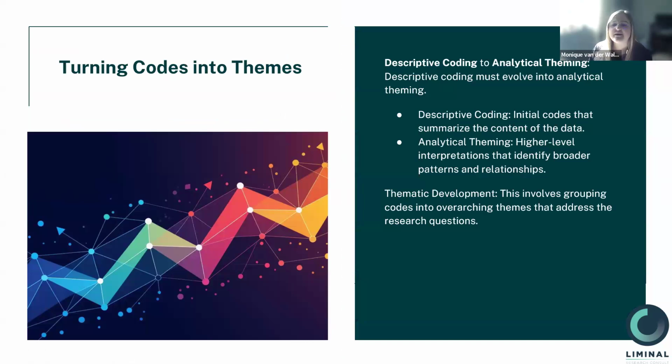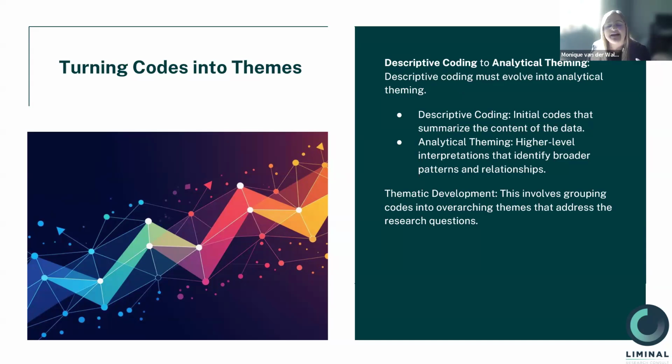We also need to ensure that when we engage with this coding process, we move from descriptive coding to more analytical theming. So descriptive coding must evolve into an analytical theme, which basically means in descriptive coding, you only code by summarizing what the participants have said.